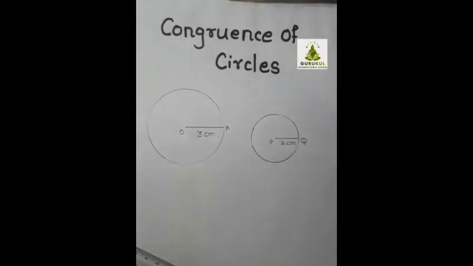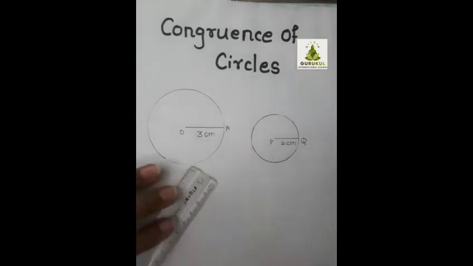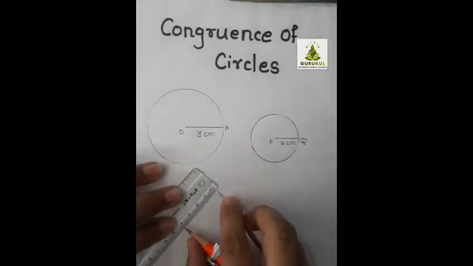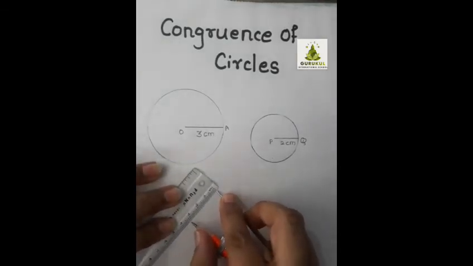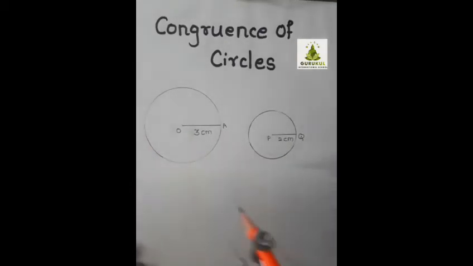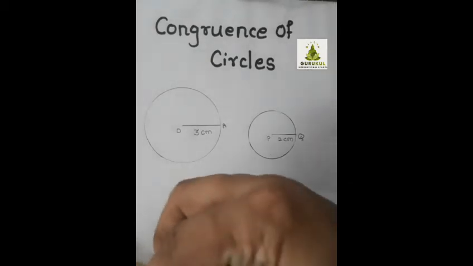Now again 2 more circles I will draw. Again, suppose I take 3 centimeters distance in the compass and we can draw one more circle.